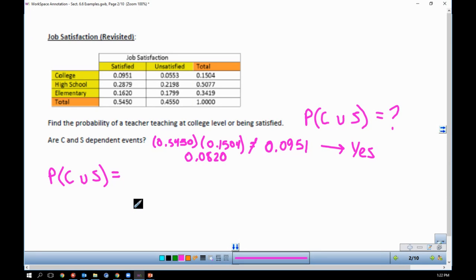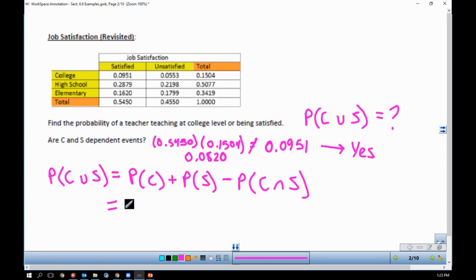Okay, so using our formula, probability of C plus the probability of S minus the probability of C intersect S. So the probability that they're satisfied is 0.450. Wait, no, that's the probability that they're satisfied. We'll go with it. Just know this goes with that one. Probability that they're college is 0.1504.